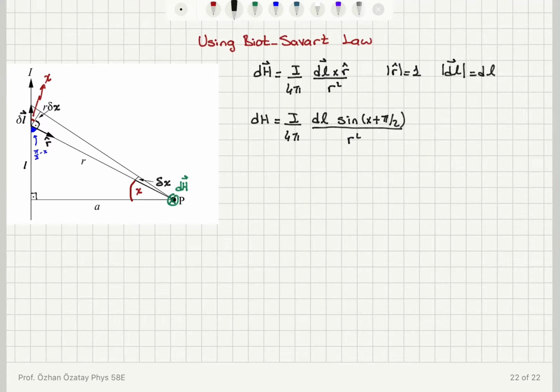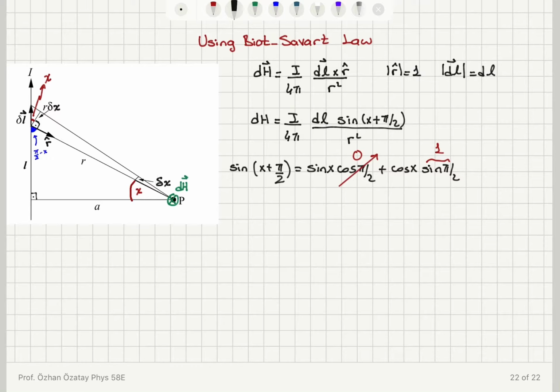Now, what is sine of x plus pi over 2? So let's think about this. Sine of x plus pi over 2 is sine x cosine pi over 2 plus cosine x sine pi over 2. This is 0 here, so that's 0, and here this is 1.